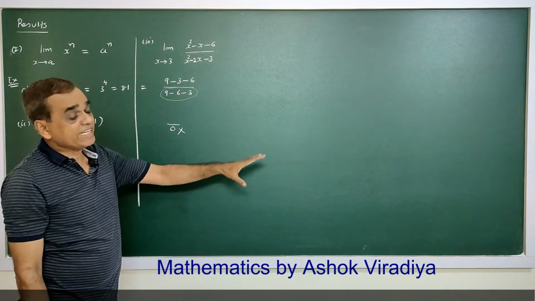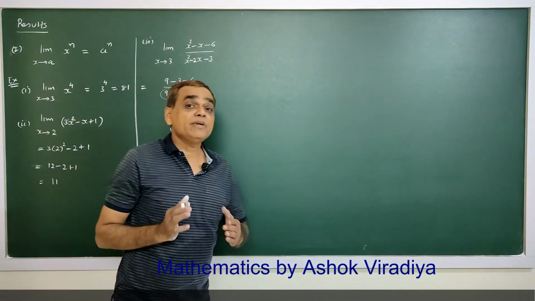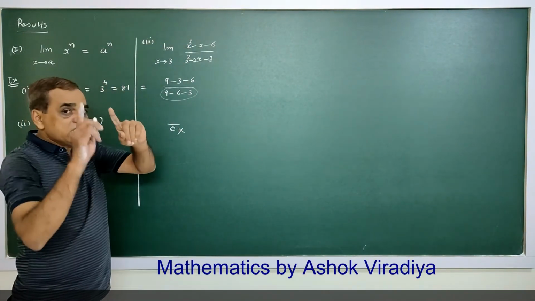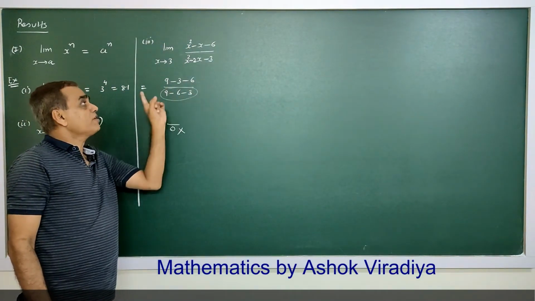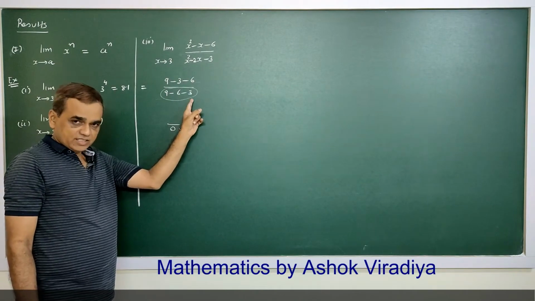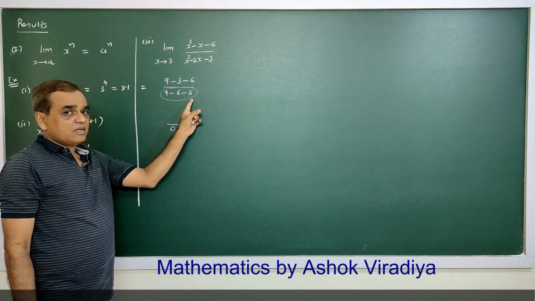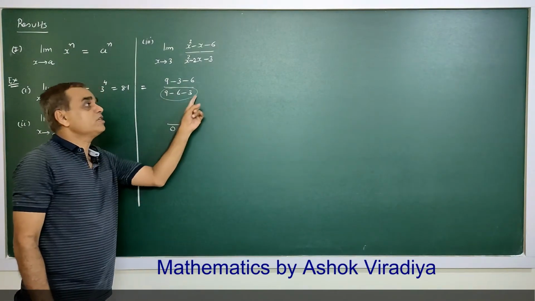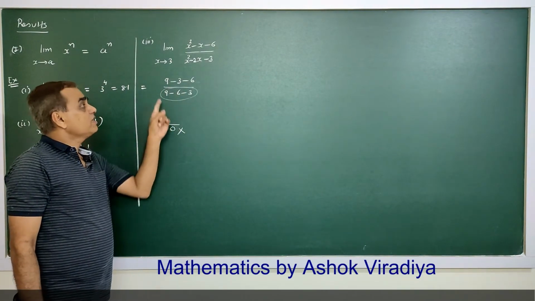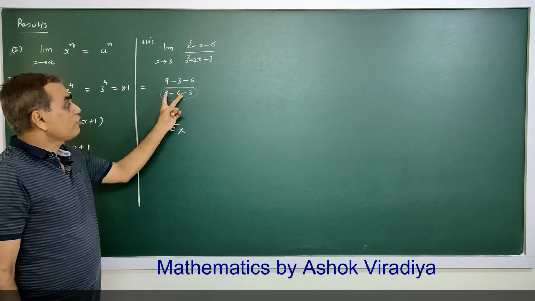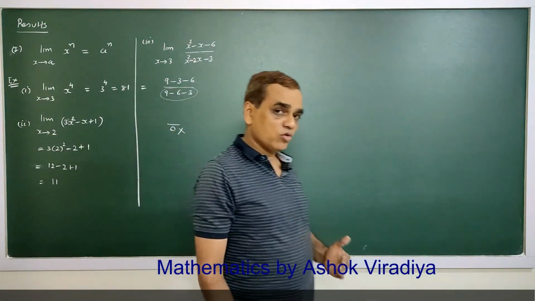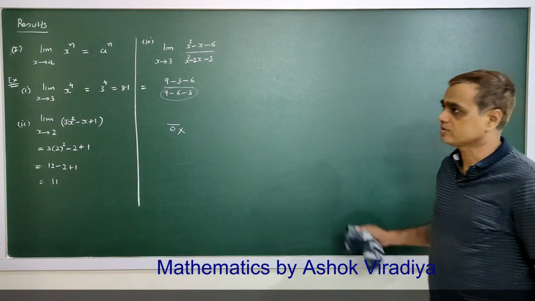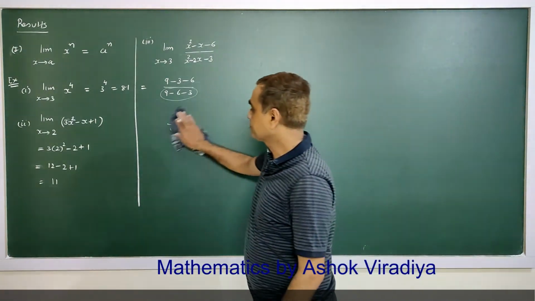We just discussed the working rule: limit of f(x) upon g(x) equals limit of f(x) upon limit of g(x). It is allowed when this is non-zero. So here, because the limit of the denominator is 0, substitution of this value is not allowed. So what do we do?